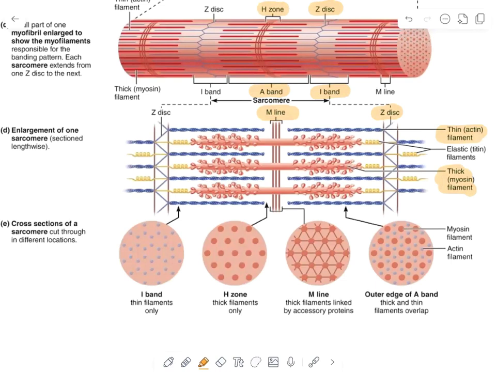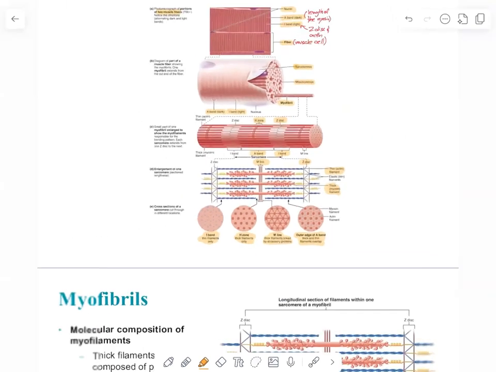These are cross sections of these different areas. The H zone only has myosin in it, the thick filament. And the very center of the H zone is the M line. The I band only has thin filaments because that's where the Z disc is, and the outer edge of the A band has both thick and thin filaments. So that's why it's dark.